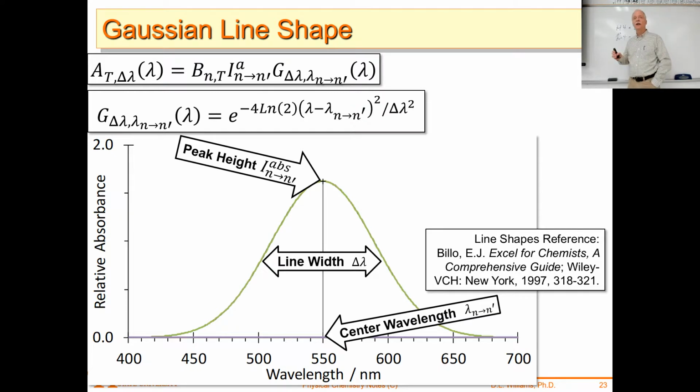The center wavelength comes from the transition equation. That was that E of n plus 1 minus E of n. That was that delta. That's the difference in energy levels. That center wavelength is also what we call the spectral line. So that spectral line is centered on that center wavelength.